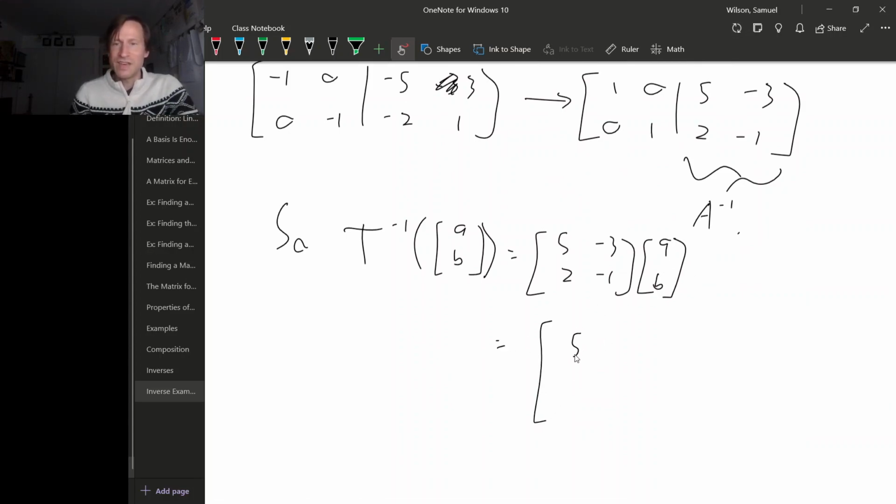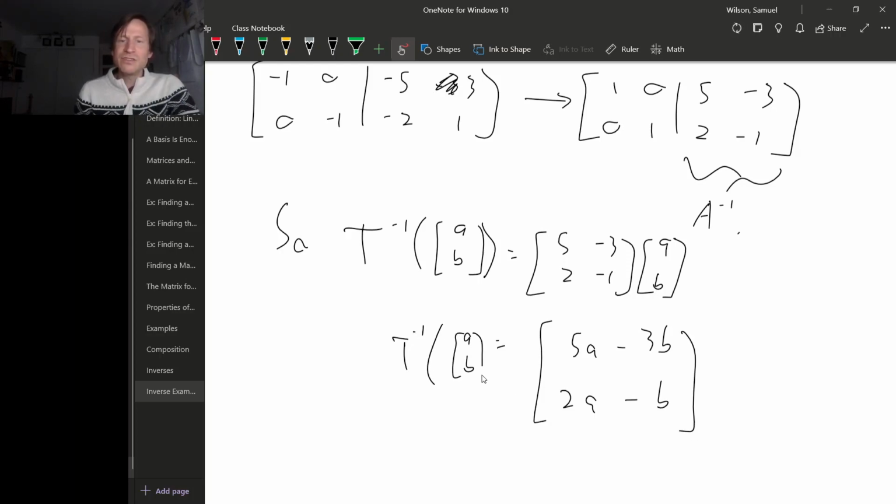So this is 5A minus 3B and 2A minus B. So there's a formula for the inverse transform. And you can see, using what we know about inverse functions and the correspondence between linear transformations and matrices, calculating this was actually pretty straightforward instead of a big mess of algebra.